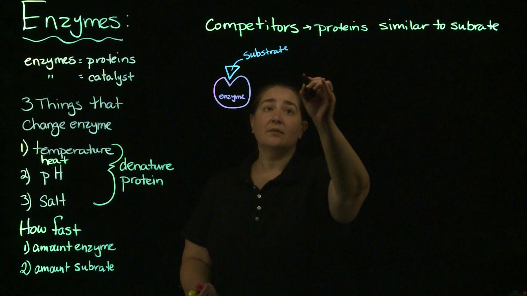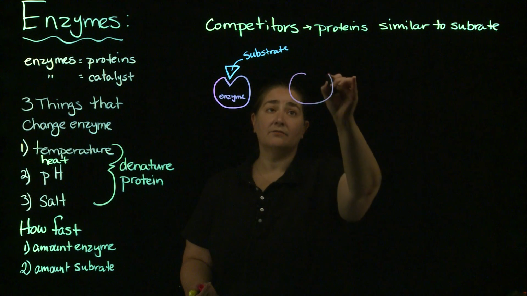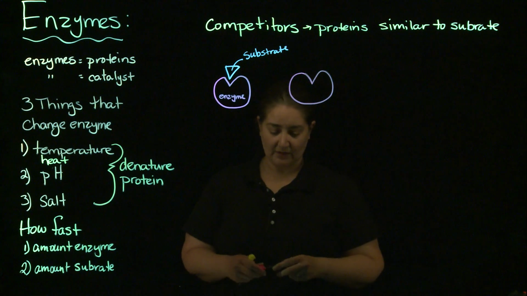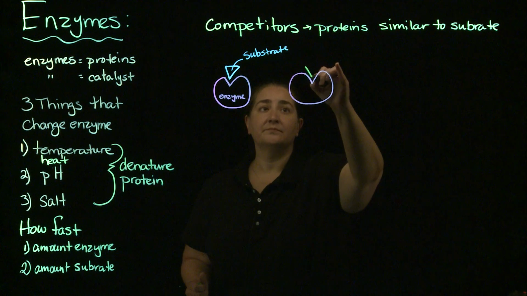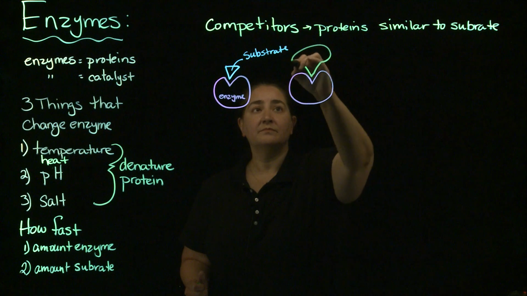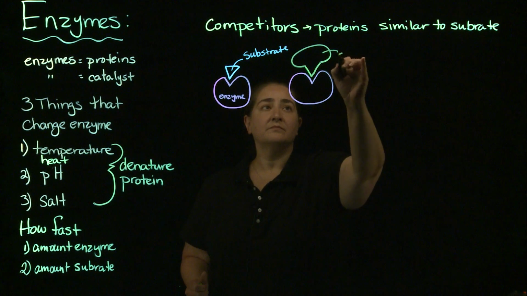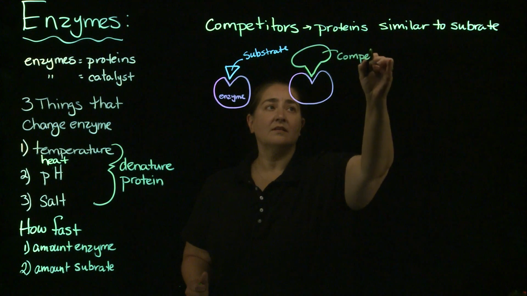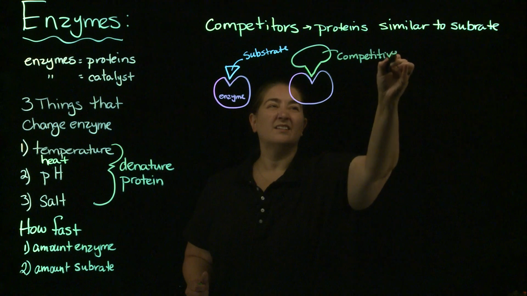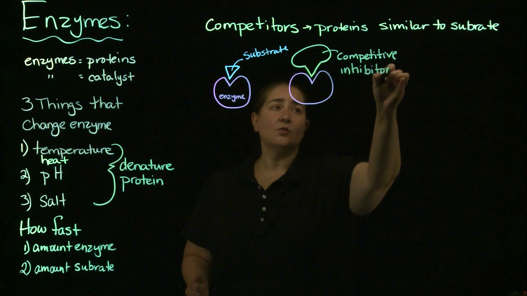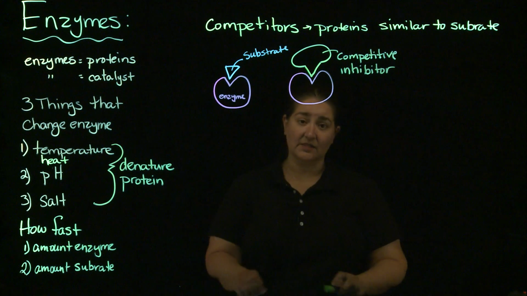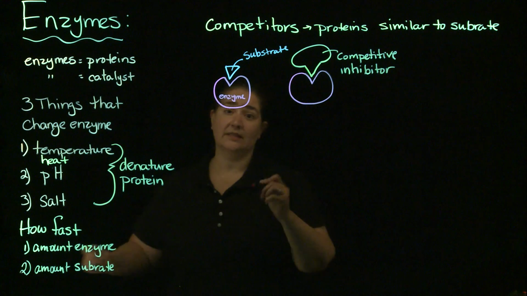Now, if we're talking about a competitive inhibitor, and I'm going to make it a different color, it is going to bind to the active site associated with the enzyme.